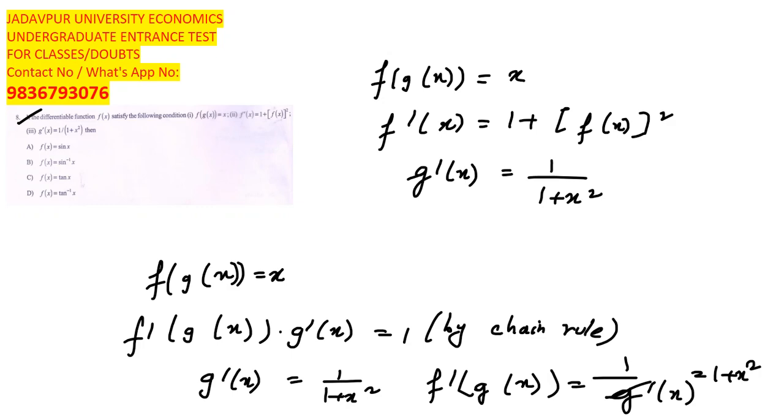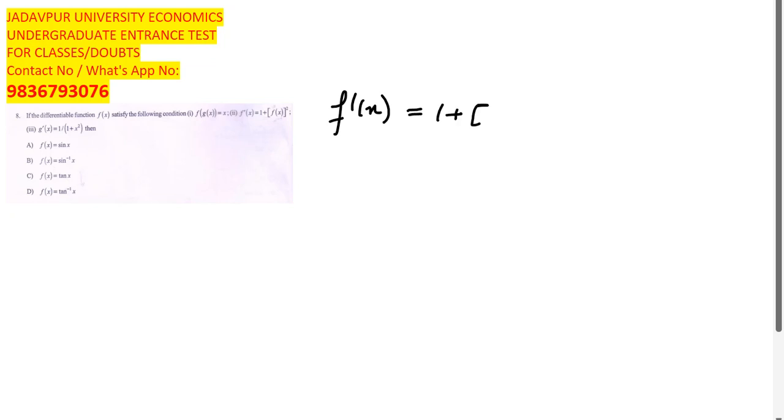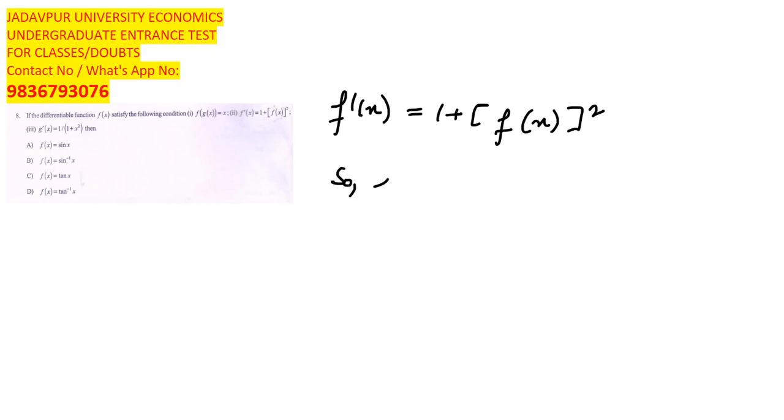So here f prime x is equal to 1 plus f of x square. Okay, so f prime of g x is equal to 1 plus f of g of x square.